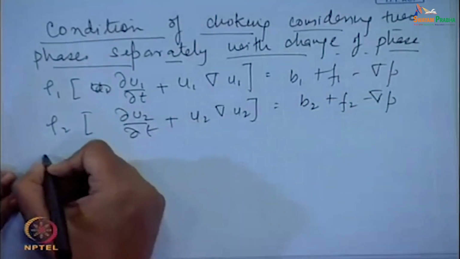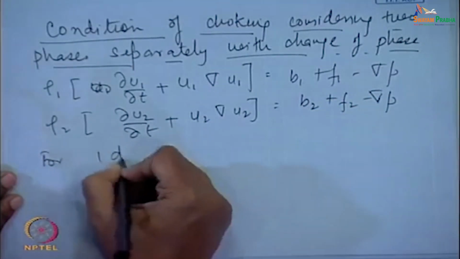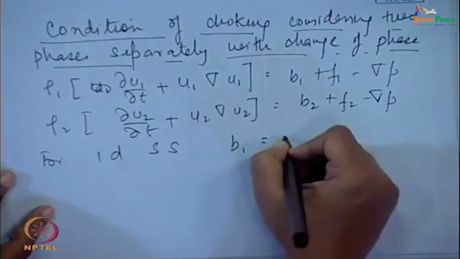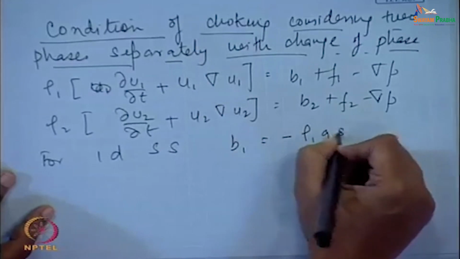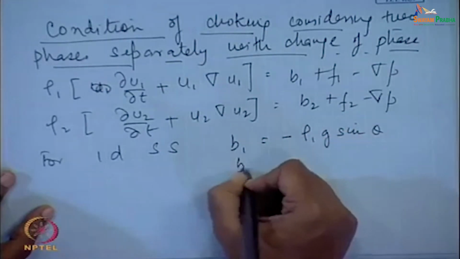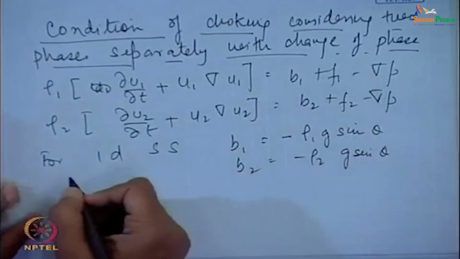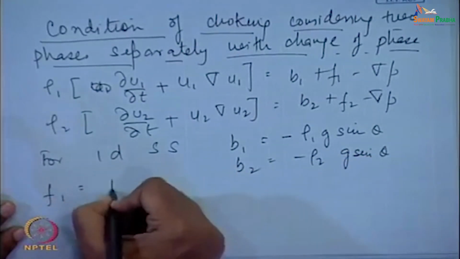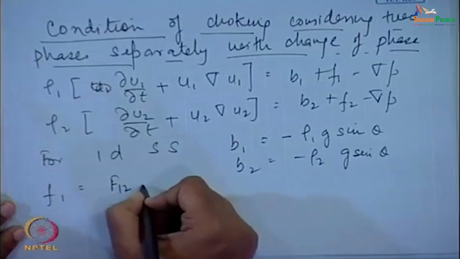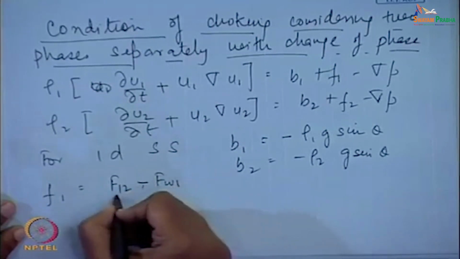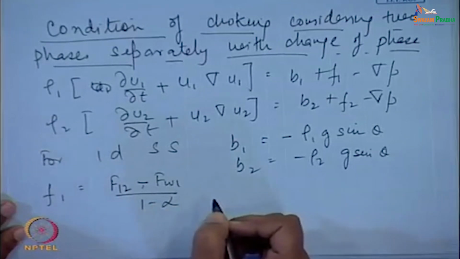Okay. So, for the one dimensional steady state case, we knew that B 1 is nothing but minus rho 1 g sin theta, B 2 was equal to minus rho 2 g sin theta, and we knew that F 1 comprised of F w 1, or in other words, multiplied by 1 minus alpha.